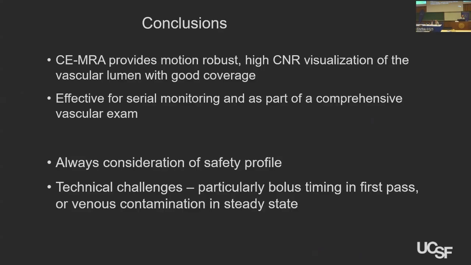So in conclusion, contrast-enhanced MRA provides motion robust, high contrast to noise visualization of the vascular lumen with good coverage. It's very effective for serial monitoring, and as part of a comprehensive vascular exam, we always need to consider the safety profile of the agents we use, technical challenges such as particularly bolus timing in first pass or venous contamination in steady state. So thank you very much for your attention.